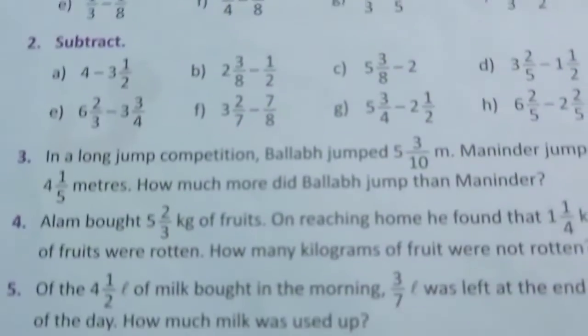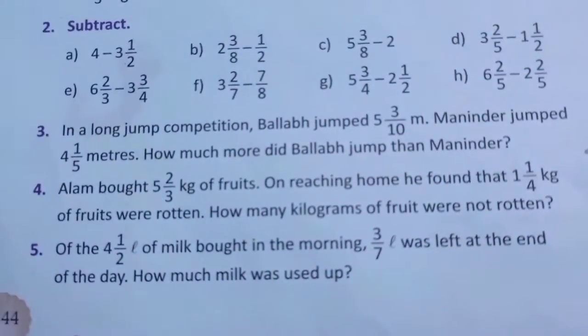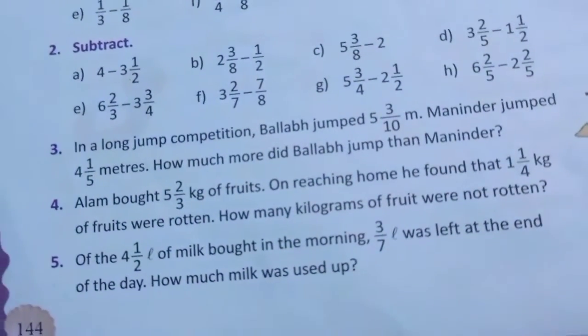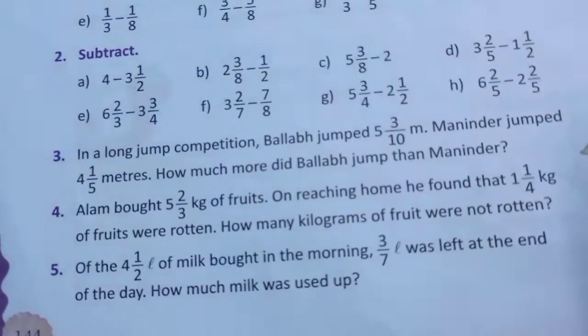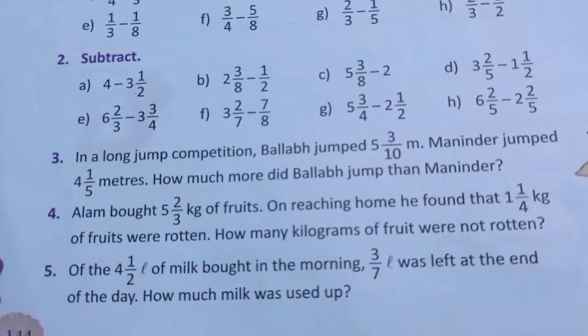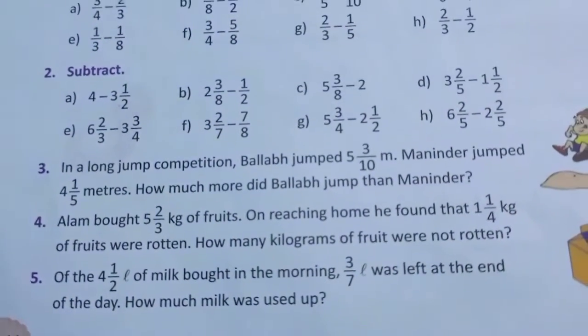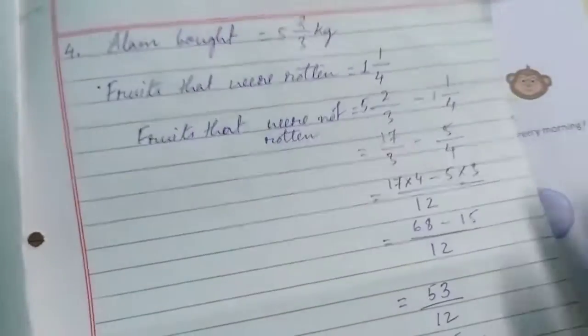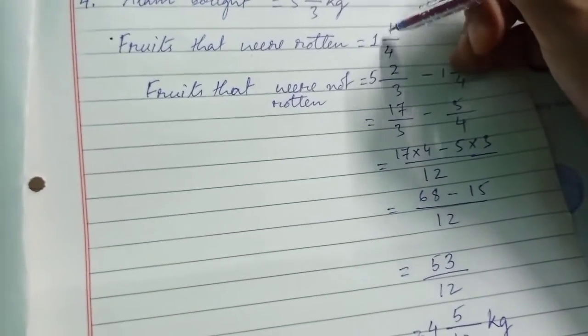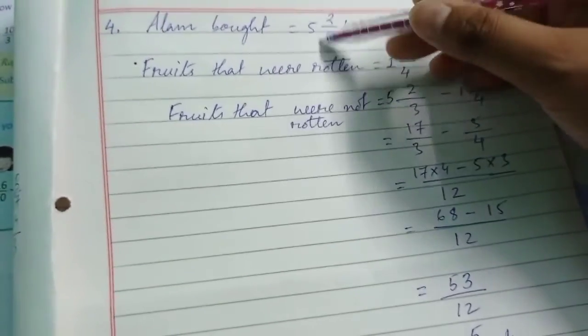Similarly, in the case of number 4, Alam bought 5 2/3 kg of fruits, and when he reached home, some fruits were rotten. That means bad. So they are asking how much kg were not rotten. So 5 2/3 kg is the total, and the rotten part was 1/4.